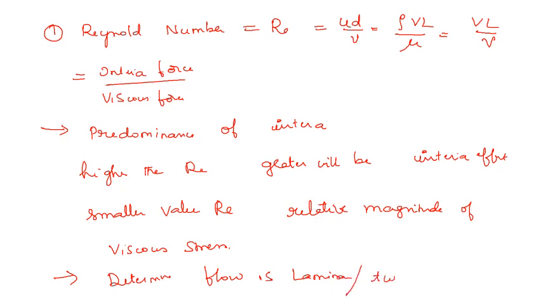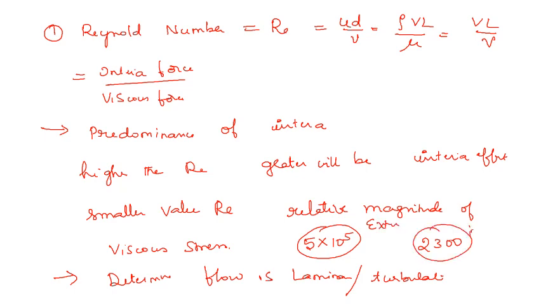For external flow, we consider 5 into 10 to the 5, and for internal flow, 2300 is considered as the limit for laminar flow. If it exceeds these values, the flow becomes turbulent.